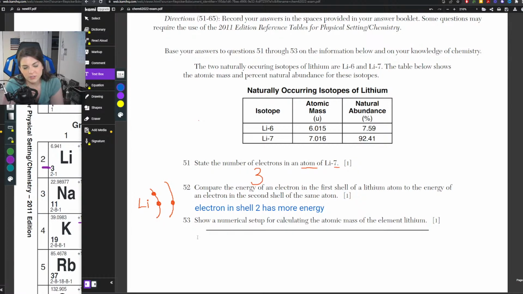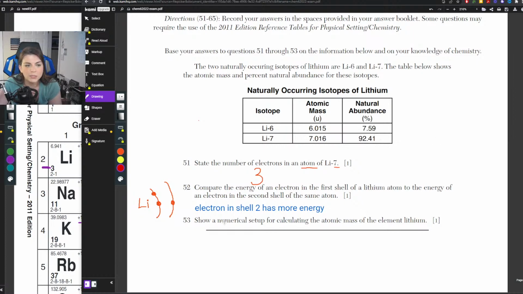53 is the numerical setup for calculating the atomic mass of an element of lithium. This is really, at this point, you either know it or you don't. You take the atomic mass and you multiply it by the percent abundance. But percent is a number that you cannot just plug into a chemical formula, because 7.59 really means 7.59 out of 100.